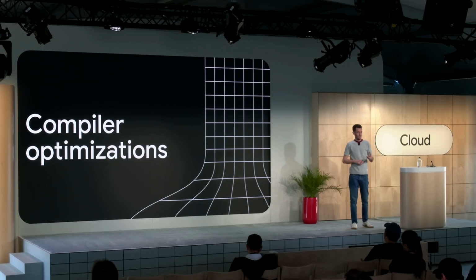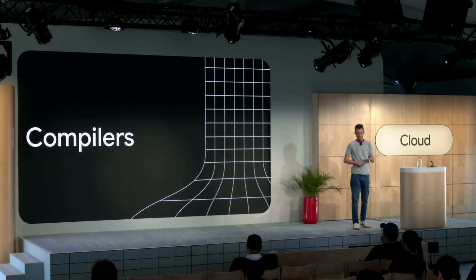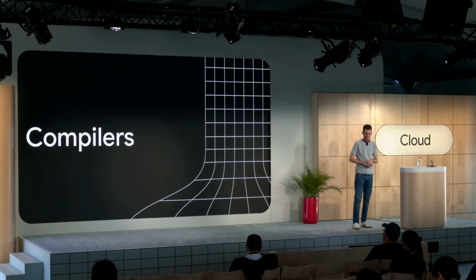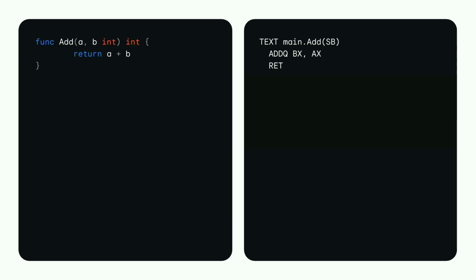But before we get to profile-guided optimization, let's step back a little and talk about what we mean with just compiler optimizations in general. And in fact, before that, what exactly we mean by a compiler. So in the most general sense, a compiler is a program that translates source code from one language into some other target language. In Go, we're probably talking about the Go compiler, which you use with go build.